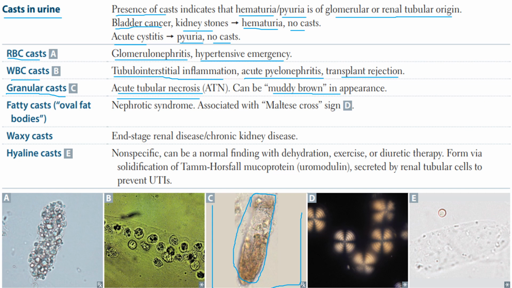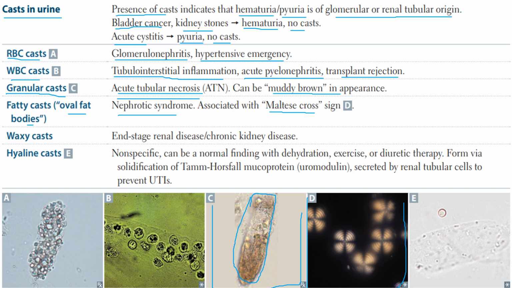Fatty casts, which contain oval fat bodies, are associated with nephrotic syndrome, as you can see in this image. Its appearance is like a Maltese cross sign.